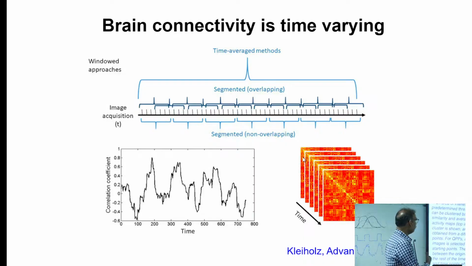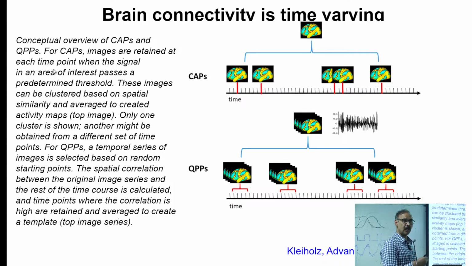Right. So people have come up with many different approaches. One is called CAP analysis. The other one is called QPP, like someone had mentioned in the class. Quasi-periodic, when you assume that the signal is not exactly periodic, but kind of. So then you describe it as quasi-periodic.